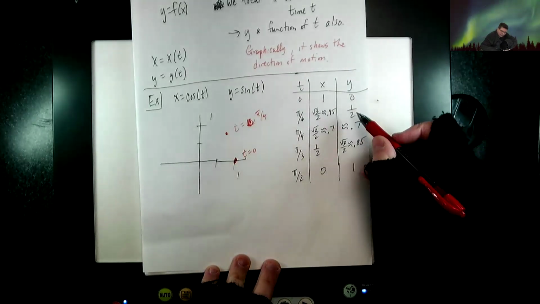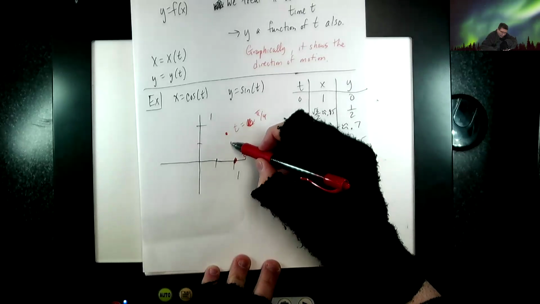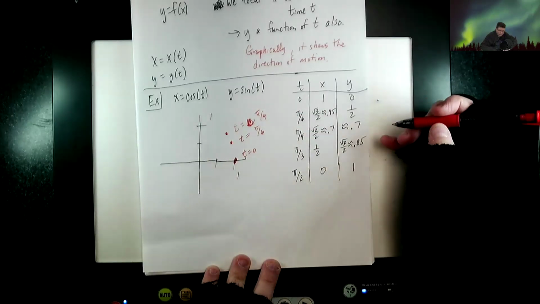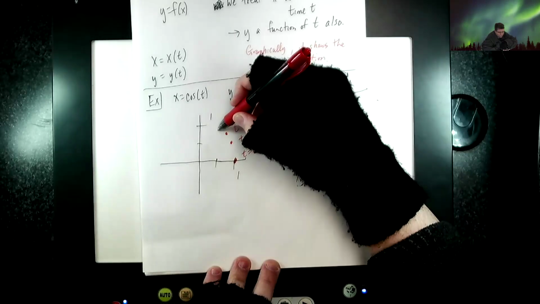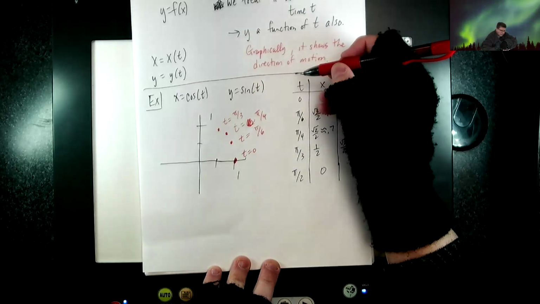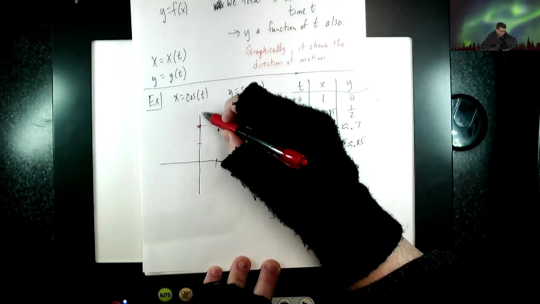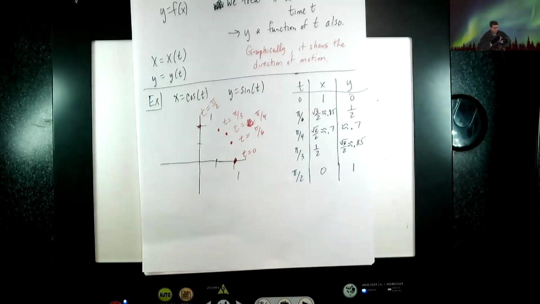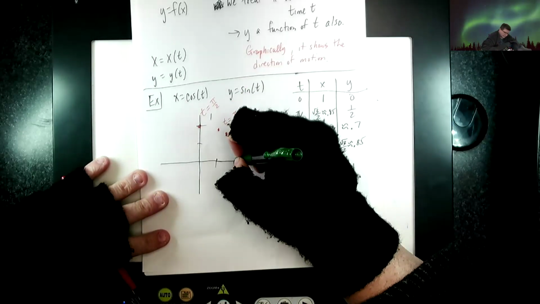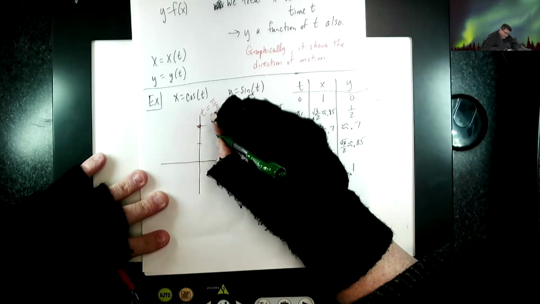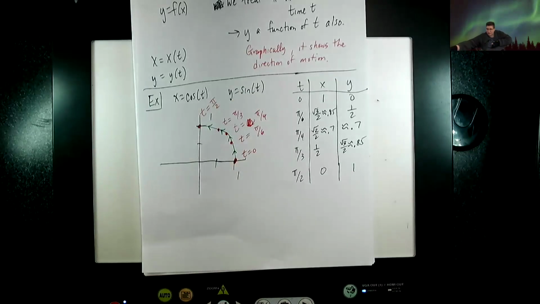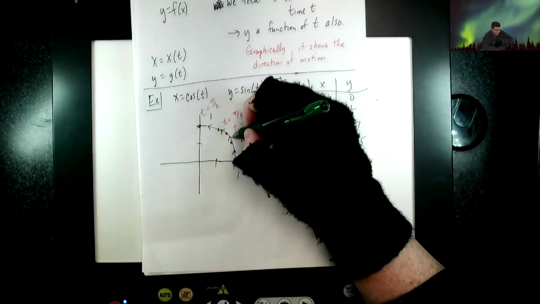At t equals pi over 6, I am at 1/2 up and right about there. T equals pi over 3 is right there. And when we get to t equals pi over 2, we're here. So the direction of motion is in that direction. We're following the time.